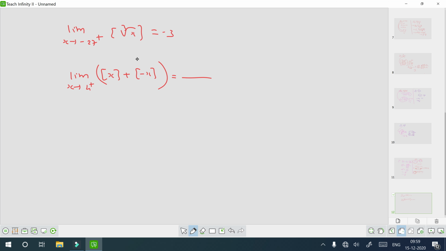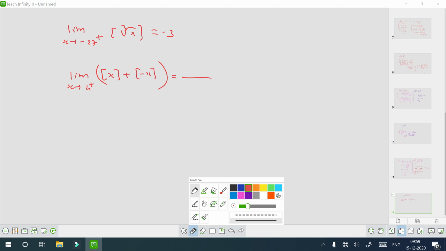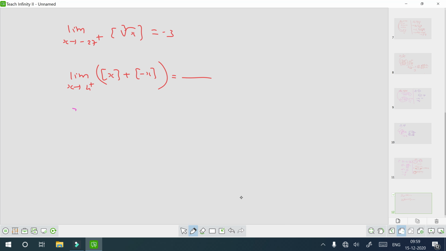Now see, x tends to 4 plus means x greater than 4. So 4 less than x less than 5. So what can you say about this integer part x? Integer part function x, that is 4. So here this one is 4.